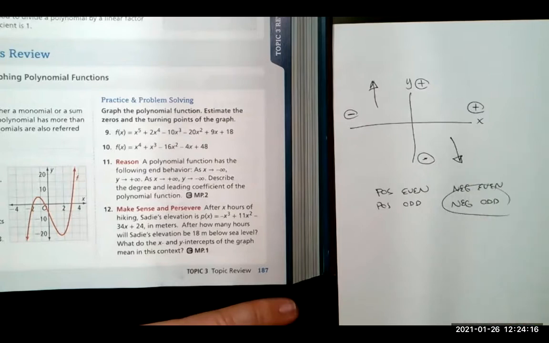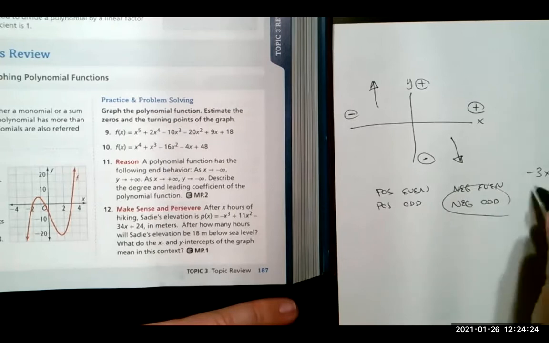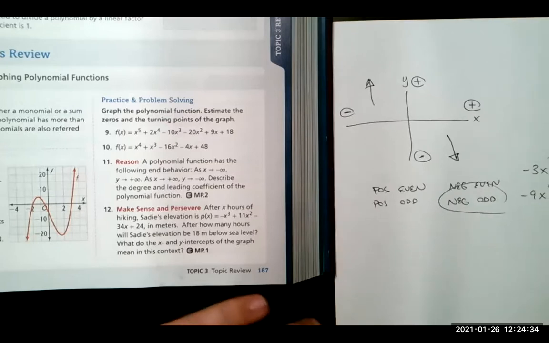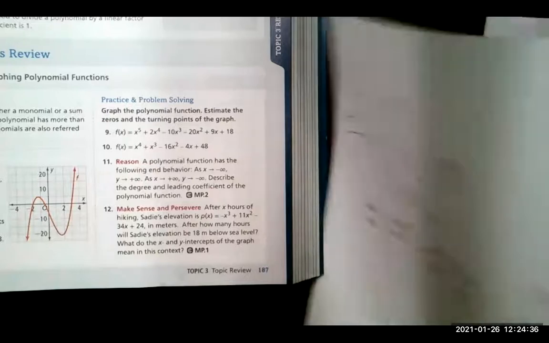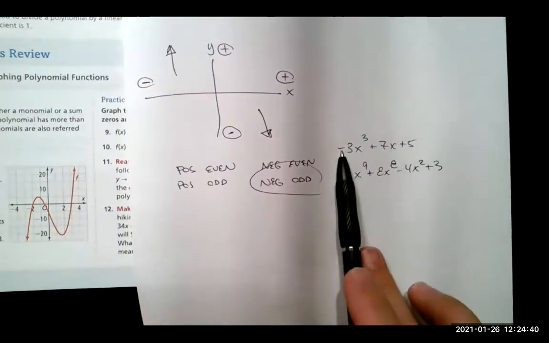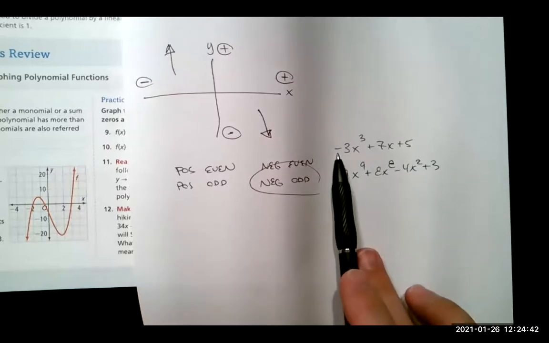to the bottom right. So an example would be something like -3x cubed plus 7x plus 5, or -9x to the 9th plus 8x to the 8th minus 4x squared plus 3. Those are both examples of odd negative functions.